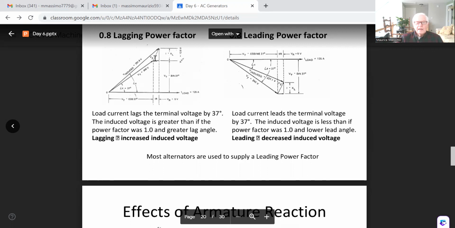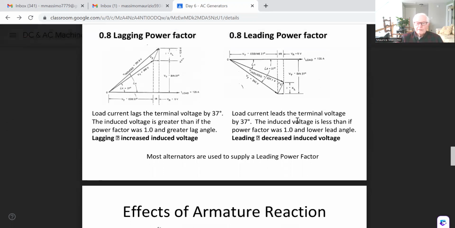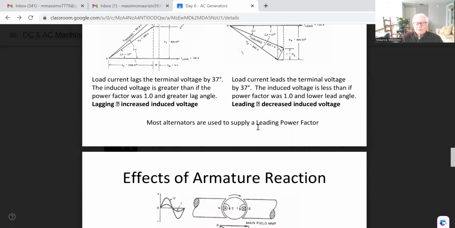Lagging power up top, leading power below. That gives you two different ways that you can get the power to be different.